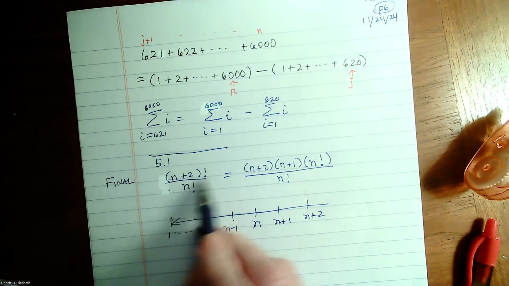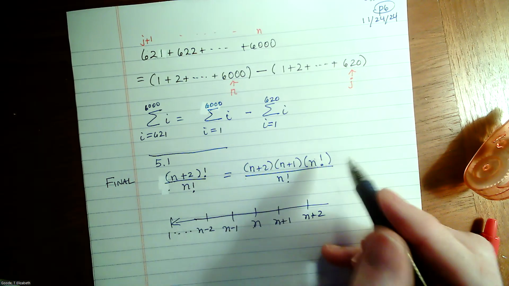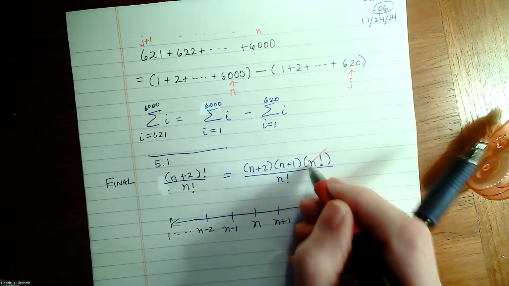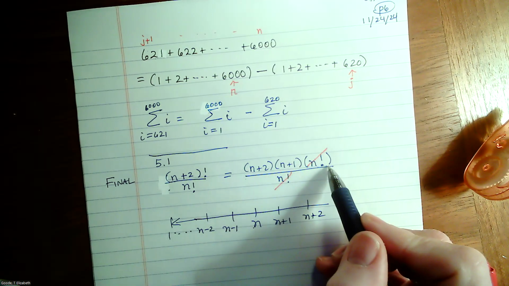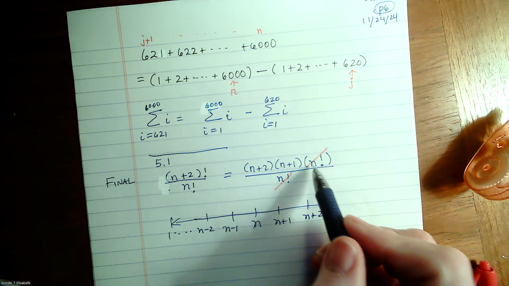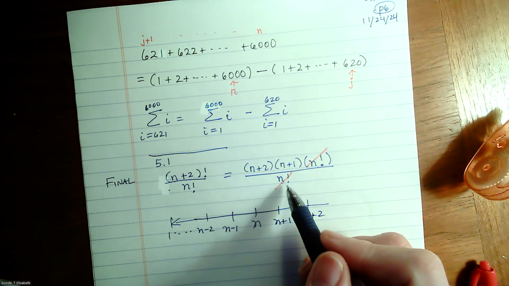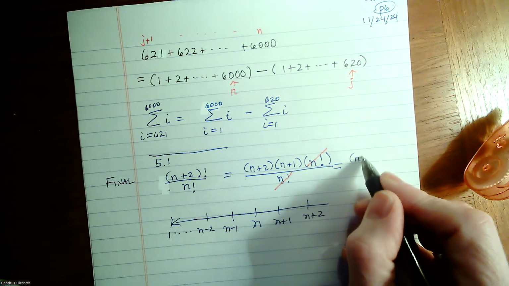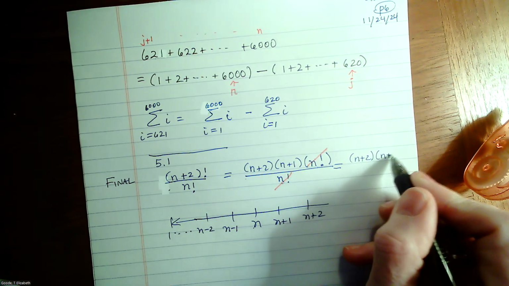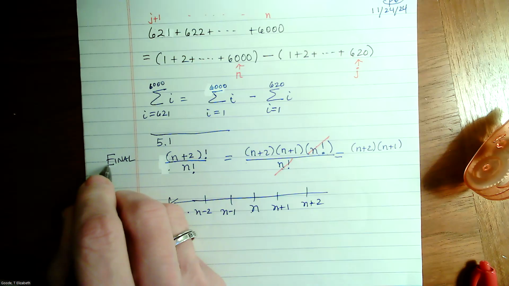So you expand the bigger one until you see the smaller one, and then you can cancel n factorial top and bottom because this is just a product. If n is 10, it'd be 10 times 9 times 8 times 7, and so on, which is what you have down here. These cancel and you're left with n plus 2 times n plus 1 on top. That's for the final exam for sure.